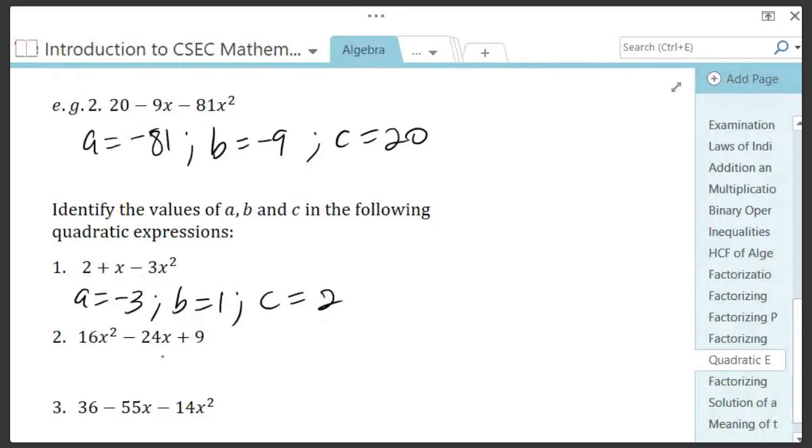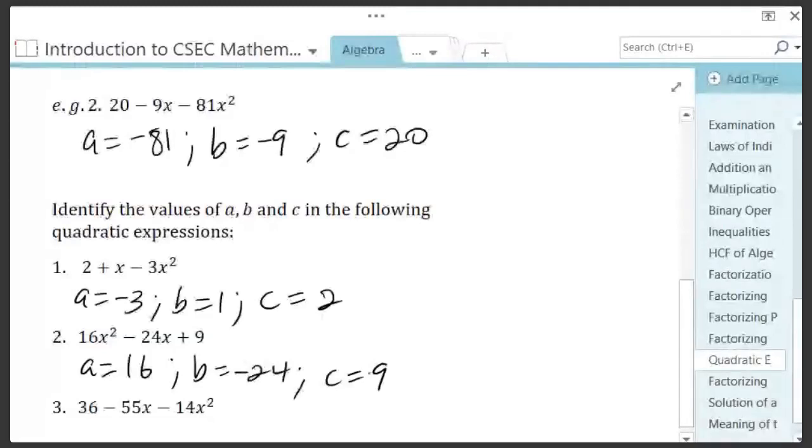Okay, for the second one here, A is 16, which is the coefficient of x squared. B here is minus 24. And C here is 9. Okay? So work out the last one there.